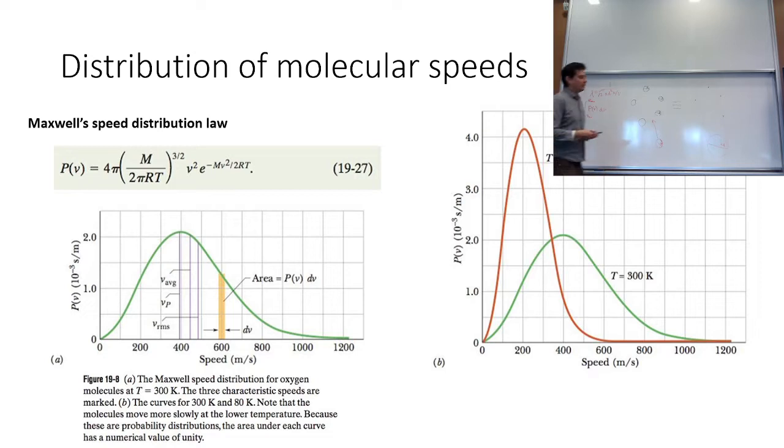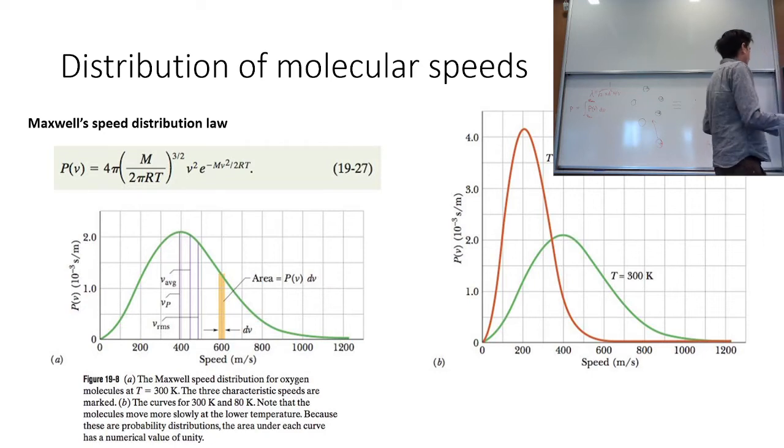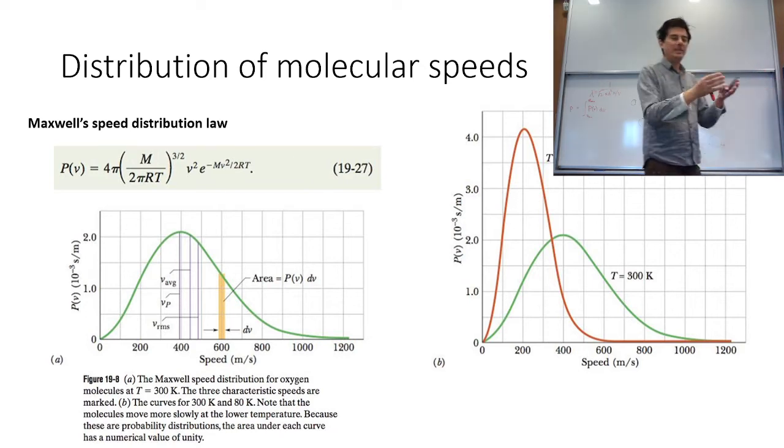Because this is a continuous thing, if you ask, what's the probability of the atom moving at exactly 300 meters per second? Well, exactly 300 is basically impossible, because if you measure it, it'll be like 300.01, it won't be exactly 300.